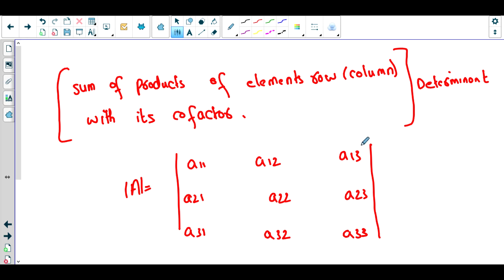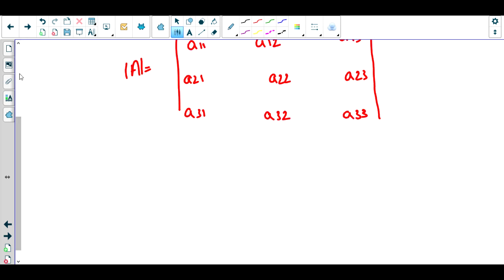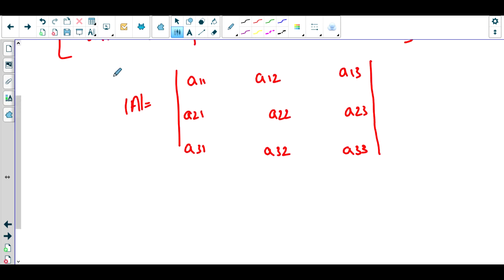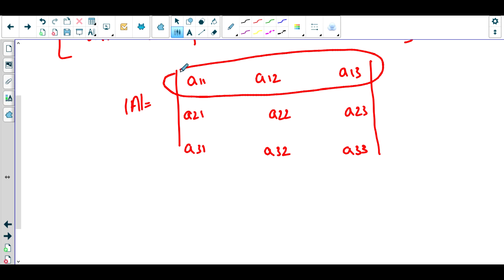Take any row or any column. Let's suppose you take this row, A11, A12, A13, and multiply it with its cofactor: A11 into A11 cofactor, plus A12 into A12 cofactor, plus A13 into A13 cofactor. This will be the mod of A.